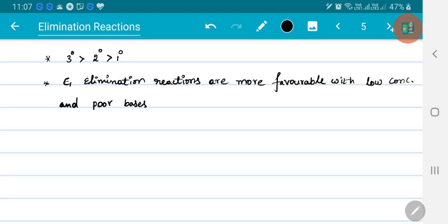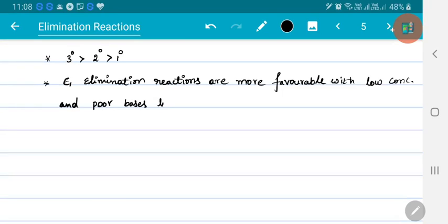Because if it is a very strong base, then it will go and abstract the acidic hydrogen first. So instead of forming a carbocation, abstraction of hydrogen occurs readily. But in an E1 mechanism, first the carbocation should be formed, then the base has to approach and remove the acidic hydrogen after forming the carbocation. So the base must be poor.